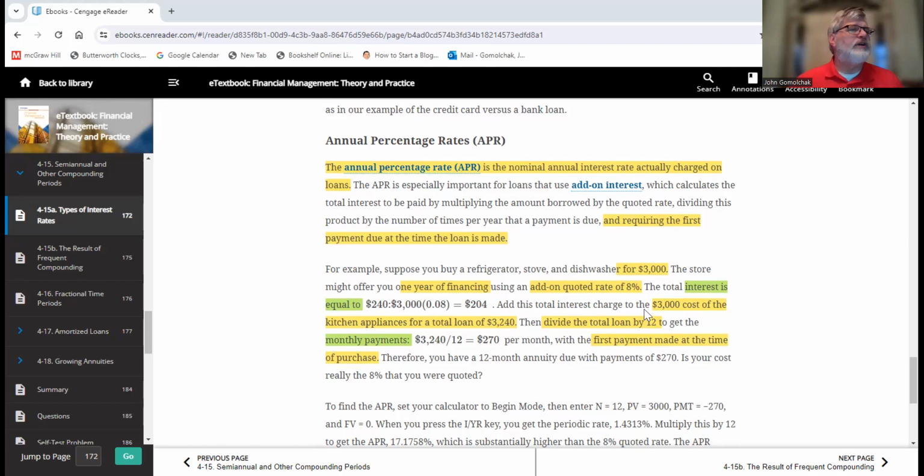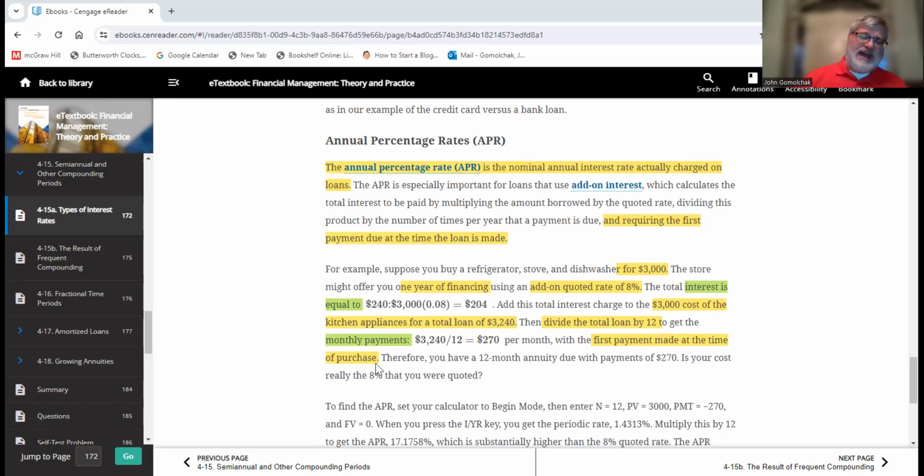This total interest charge is added to the cost of the kitchen appliances, bringing us to $3,240. So it's that plus that. Then divide that total by 12 to get your monthly payments of $270 per month, with the first month's payment made at the time of purchase.